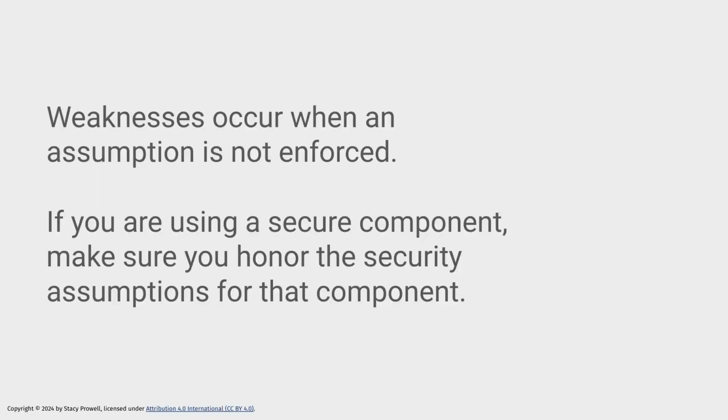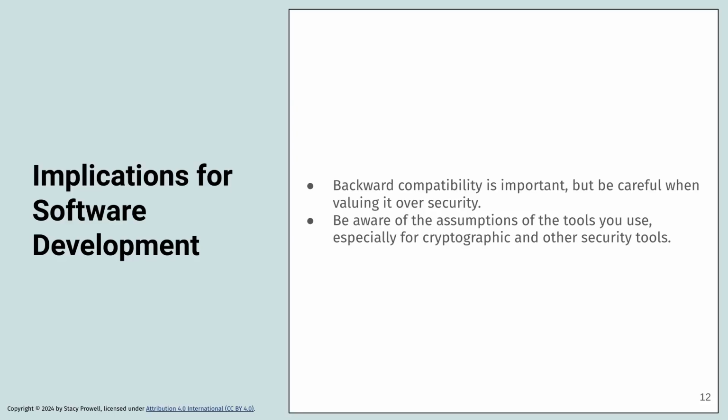And it points out a few things we've been talking about. Weaknesses occur when an assumption is not enforced. And if you're using a secure component, you have to make sure to honor the security assumptions for that particular component. This was probably done for backward compatibility. And that's important, right?